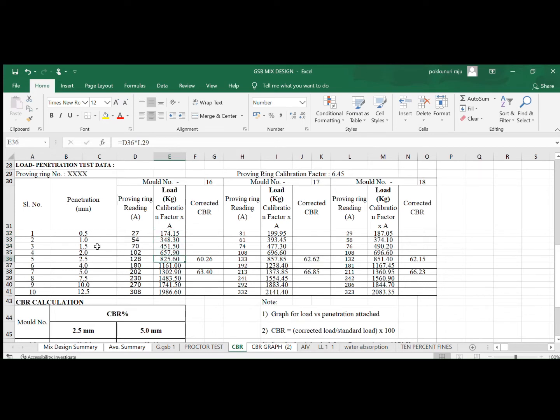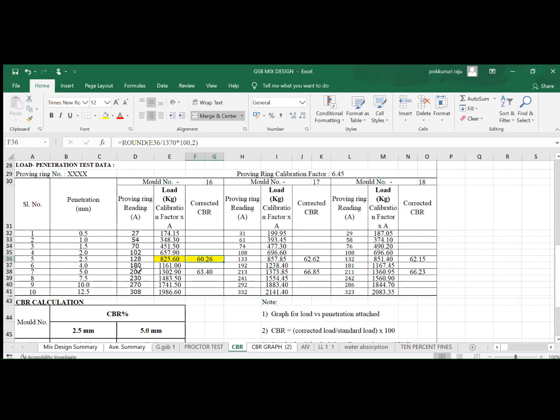Now the load corresponding to 2.5 millimeter penetration is 825.6, which, divided by the standard load of 1370, will give you the corrected CBR, which is 60.26.